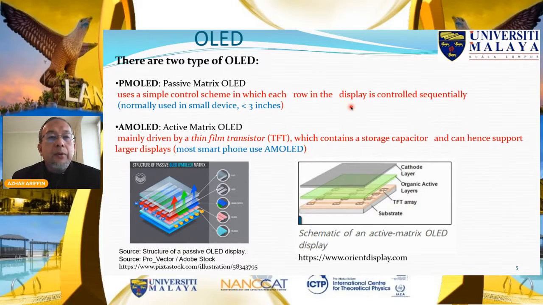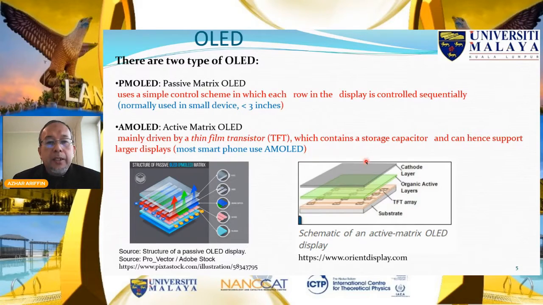The second type of OLED is called active matrix OLED, or AMOLED for short. These AMOLED are widely used in smartphones. Most of our smartphones use this AMOLED technology; for Samsung, for example, they call it Super AMOLED.